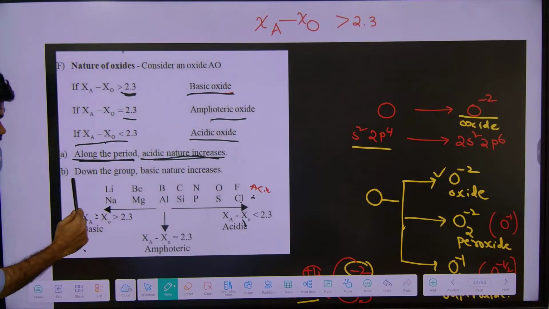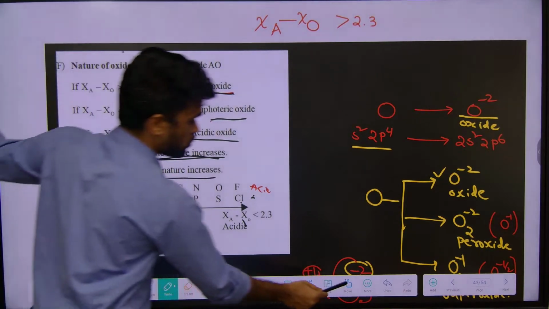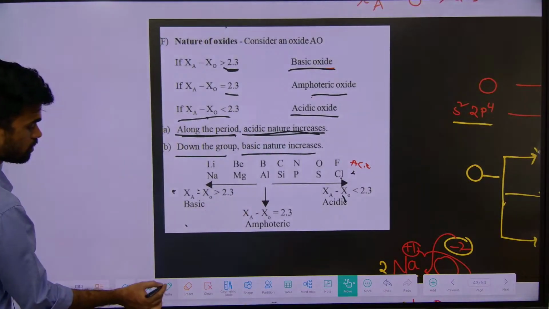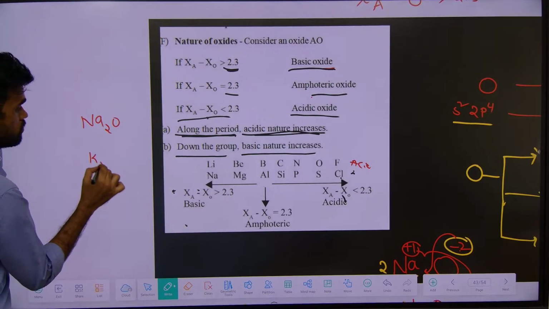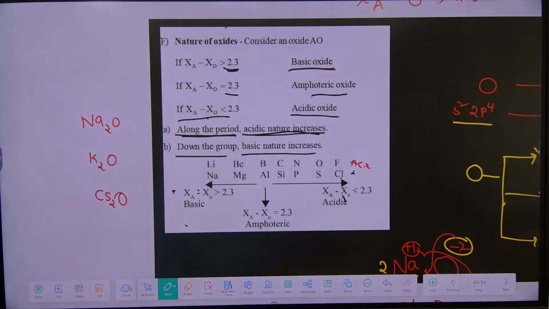Next, down the group, see what happens: basic nature increases. Let us see an example. Sodium oxide, potassium oxide, cesium oxide. Use some common sense. Where do we have more electronegativity difference? Cesium and oxygen.